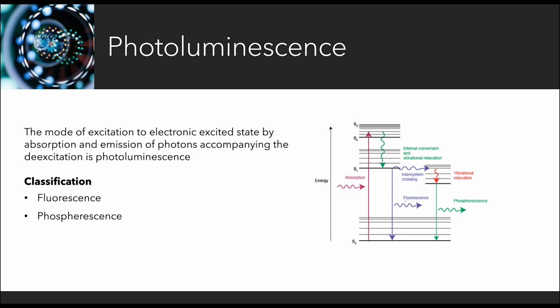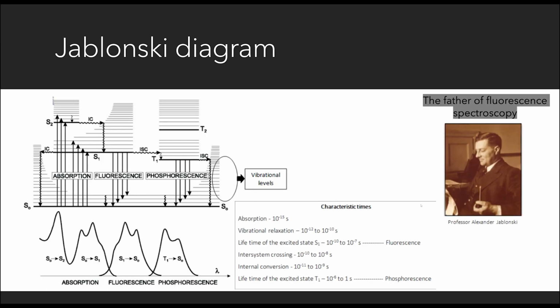This fluorescence spectra is clearly explained by Jablonski, hence he is known as the father of fluorescence spectroscopy, and this diagram is known as the Jablonski diagram. In the Jablonski diagram, we can see the electron is exciting to the excited states, and while coming back to the ground state, it will emit the radiation which we call fluorescence.